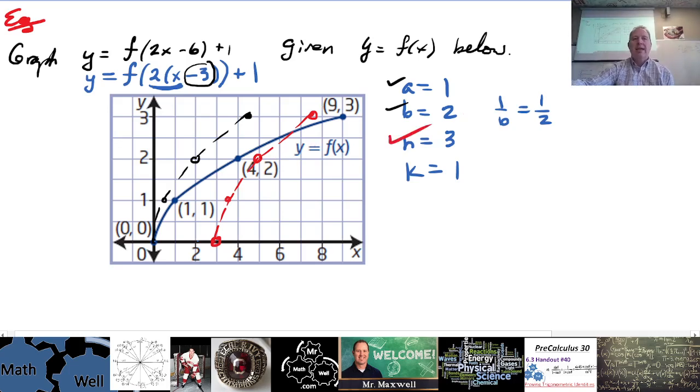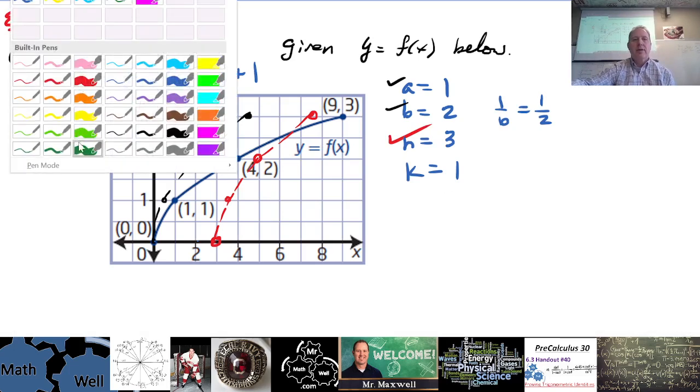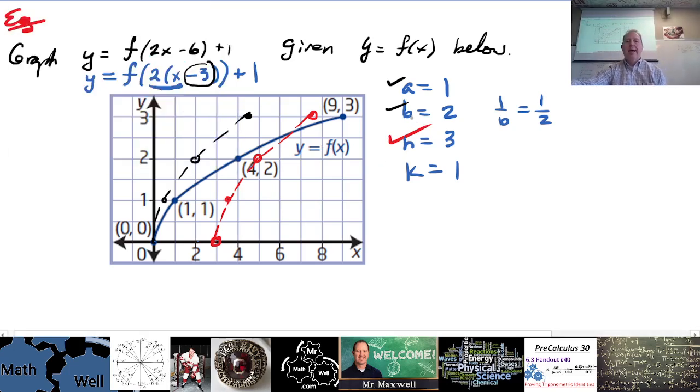Now finally, k is our last one. Let's use a different color for k. Let's use green. And so k is our last stage. This is what it should look like. So everything goes up 1 unit. So this one goes up 1 unit. This one goes up 1 unit. This goes up 1 unit. This here goes up 1 unit. So our final graph should look like this in green.